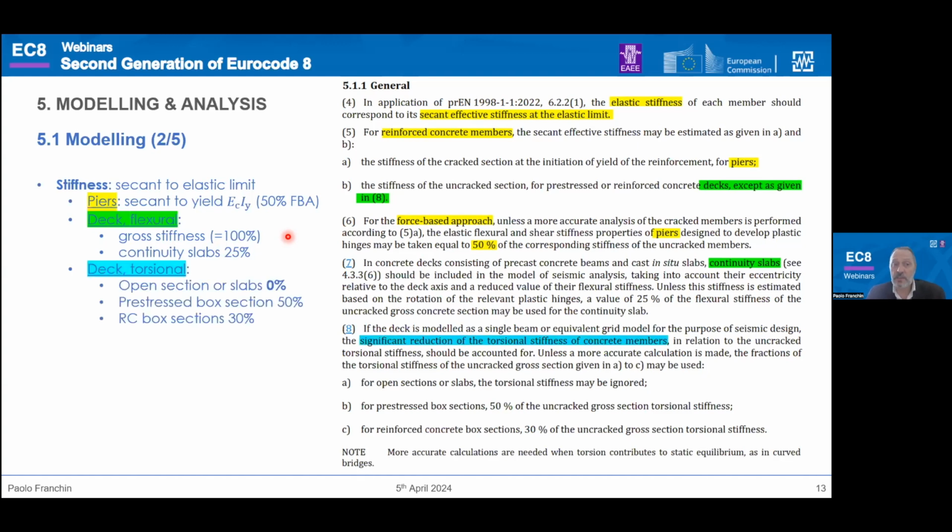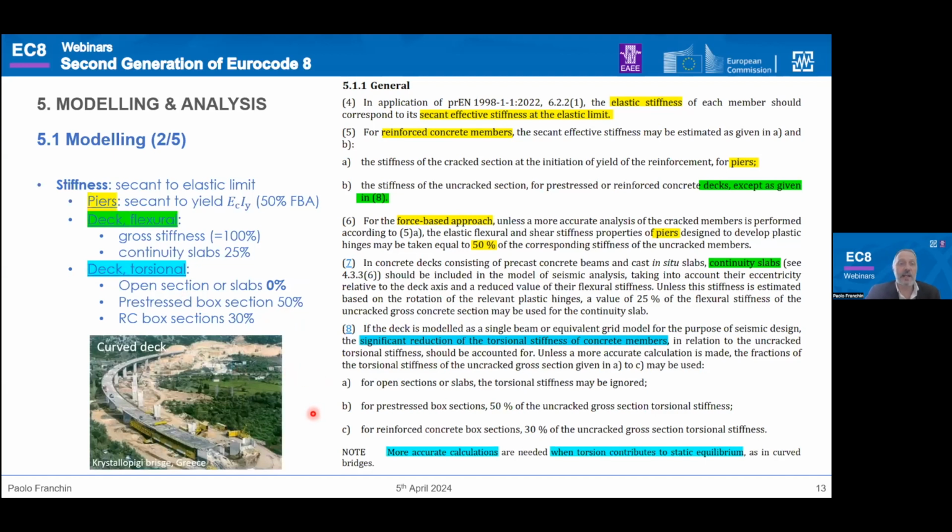It is very important that this is the flexural stiffness. Torsional stiffness of the deck, as we know, when cracking occurs, decreases in a much more relevant manner. That is the reason why open sections or slabs are taken at 0%. So we basically neglect torsional stiffness of the deck, and we consider for box sections a proportion equal to 50 or 30%, depending on whether they are pre-stressed or reinforced concrete.